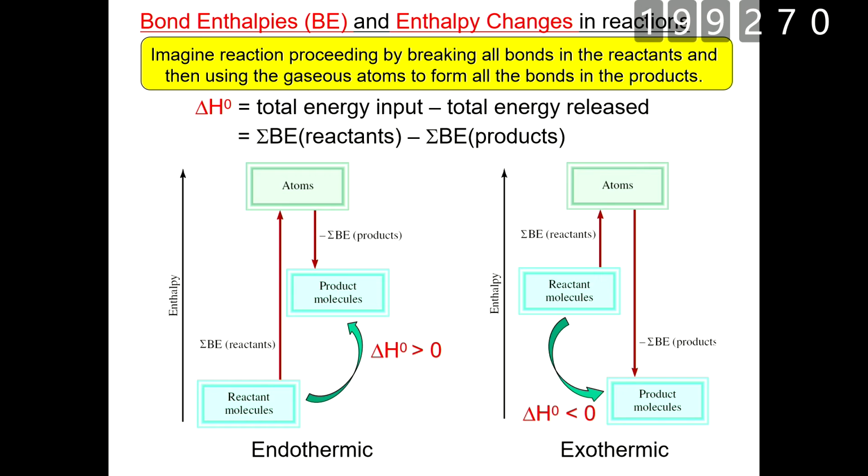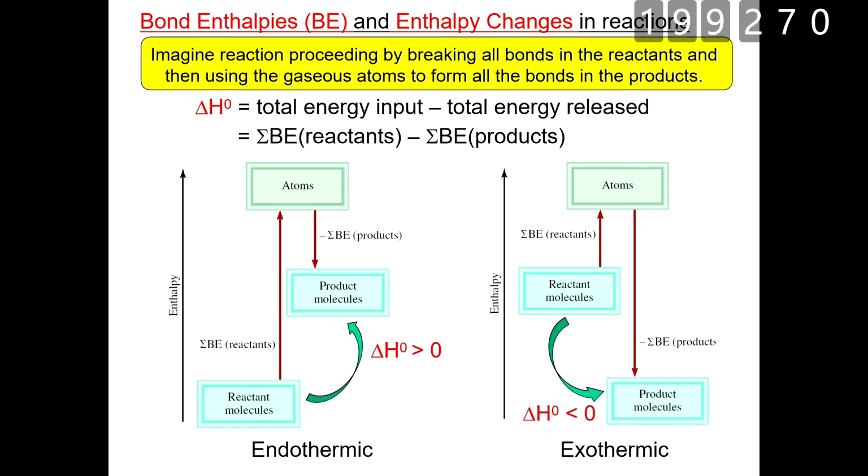So here, the first step is to break the reactants. When we break the reactants, we need to provide energy. When all of them are broken, they form single atoms. Then these single atoms combine together again to form the new products, and when they form the new products, they release energy.